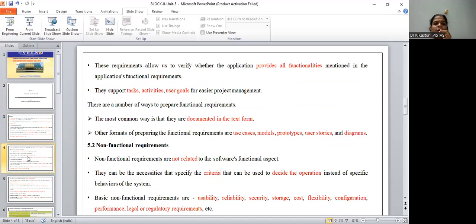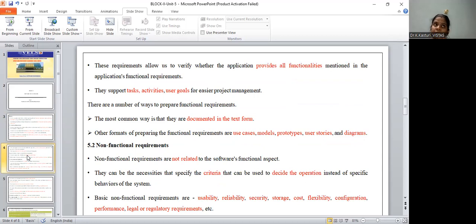These requirements allow us to verify whether the application provides all functionality mentioned in the application's functional requirements. Whatever we made in documentation, those things should be done in action. That is, the requirements allow us to verify whether the application provides all functionalities.